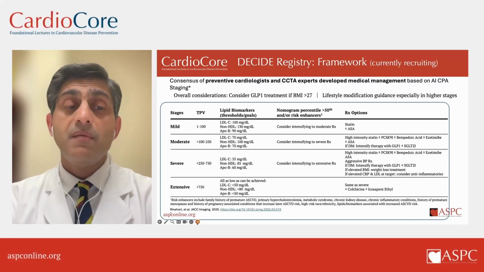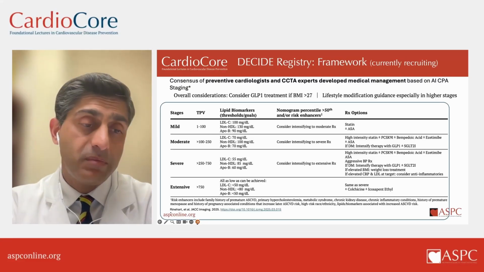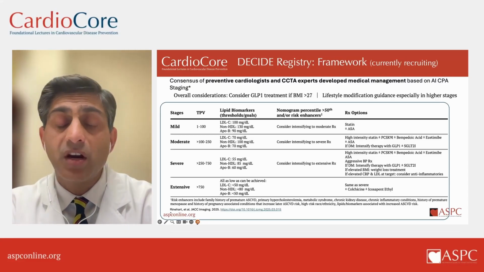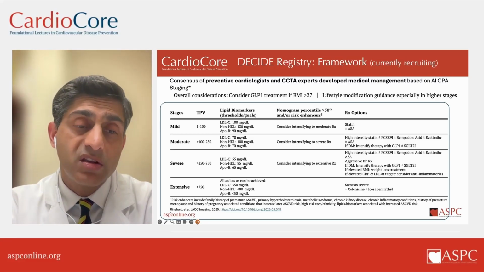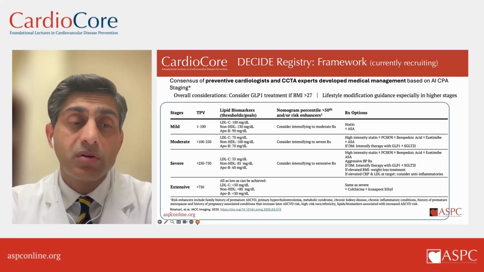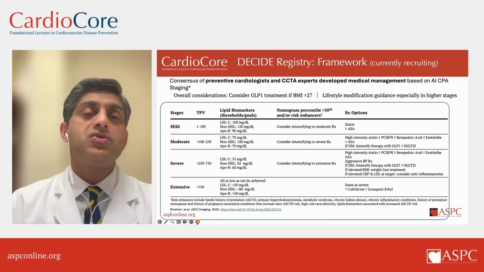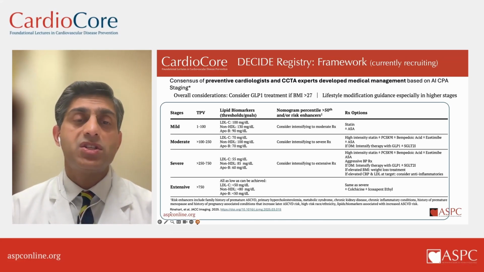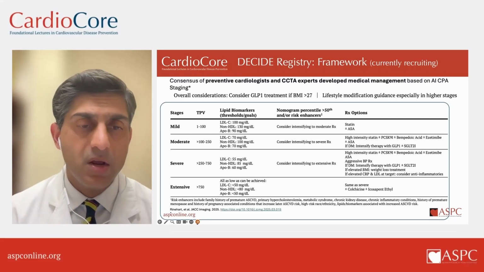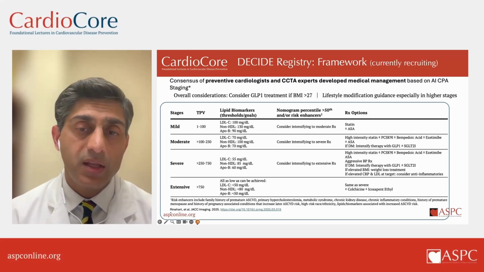And last but not least, if you do see evidence of inflammation, you may want to consider other therapies such as colchicine and icosapent ethyl. So the point I'm trying to make is this is not a guideline, but a suggested approach from the DECIDE trial on how to treat patients in their study.